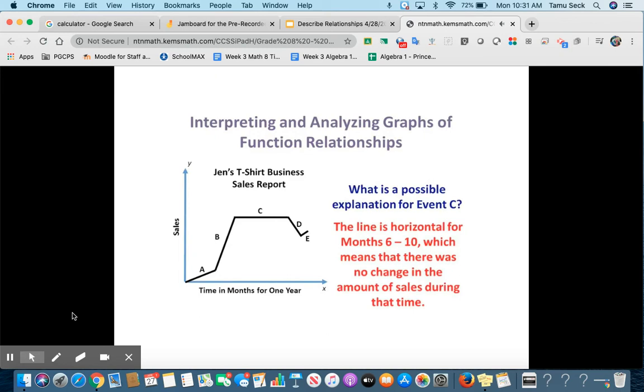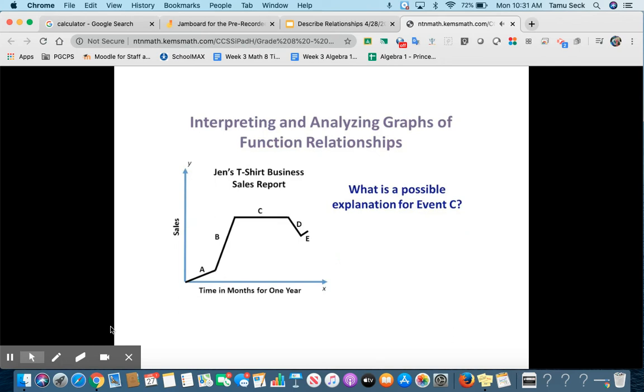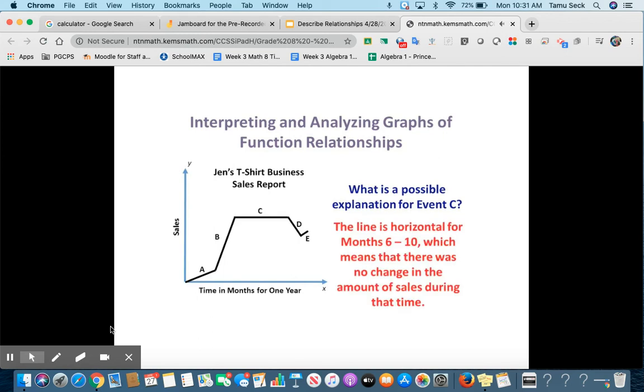The line is horizontal for months 6 through 10, which means that there was no change in the amount of sales during that time.